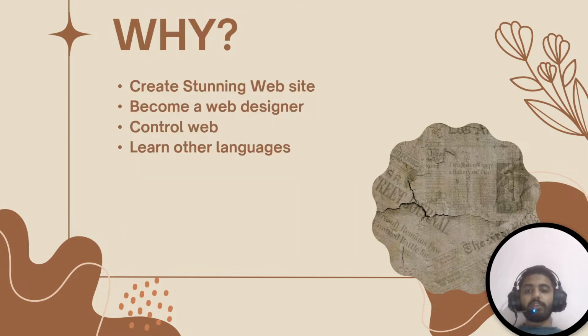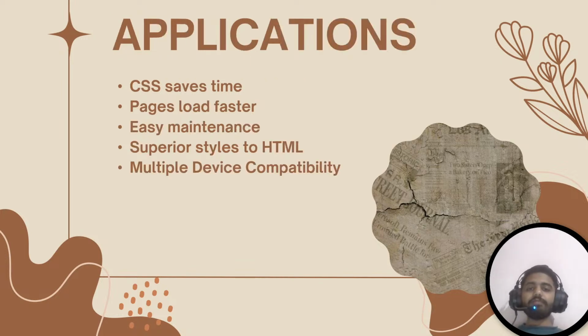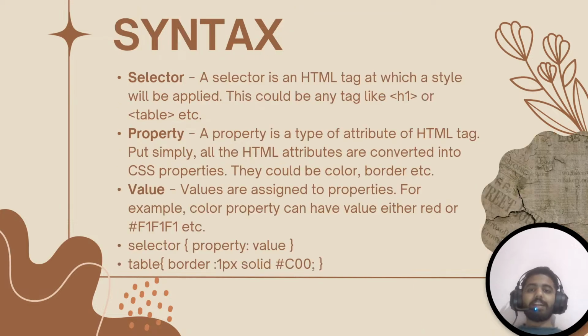Then we saw why we should use it: to create stunning websites, become a web designer, control your web, and learn other languages. Then we saw applications of CSS: it saves time, pages load faster, it's superior to HTML, and it has multiple device compatibility, right?